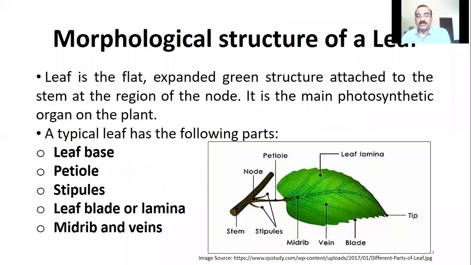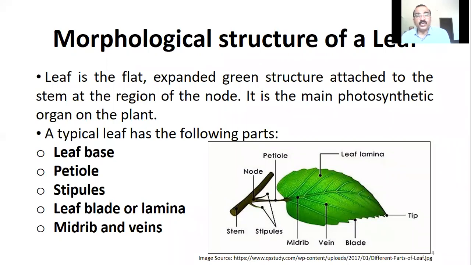The leaf is a very familiar structure to all of us. It is the flat, expanded green structure attached to the stem at the region of the node. Now you know that the stem of a plant is divided into nodes and internodes. And at the nodal points, there are structures called leaves.